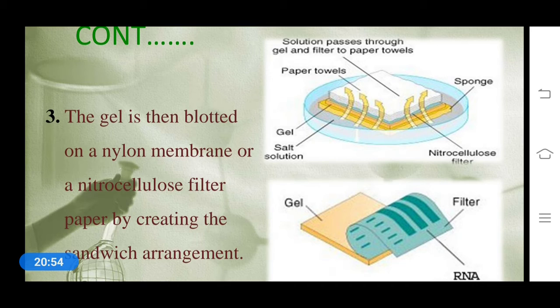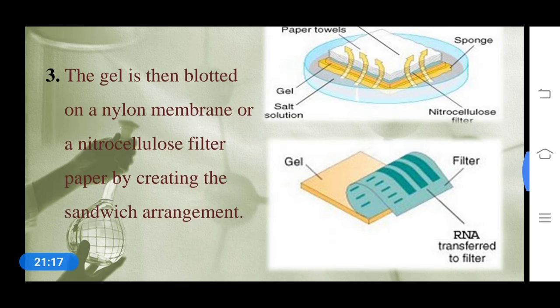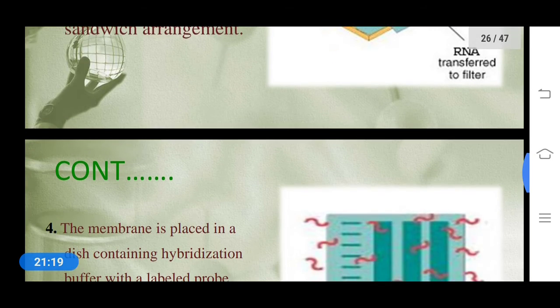Next to that we'll have a gel, and next to that gel there will be a nitrocellulose paper on which we'll place paper towels, and this complete arrangement is placed in the salt solution. Finally, whatever bands are present on the gel will be transferred onto the nitrocellulose paper.